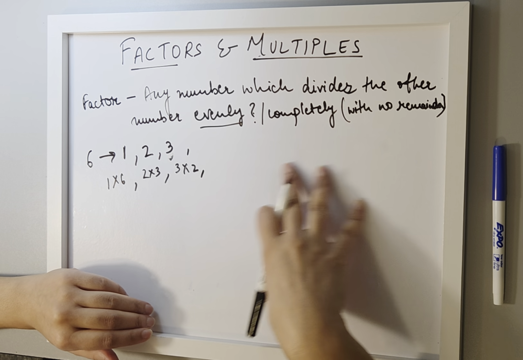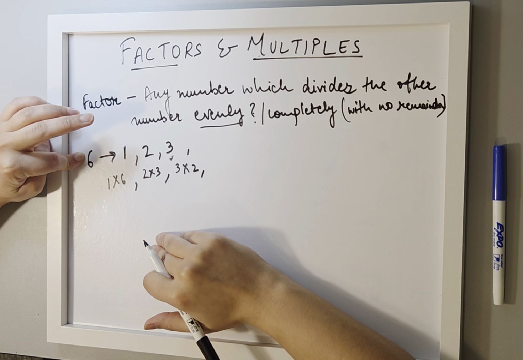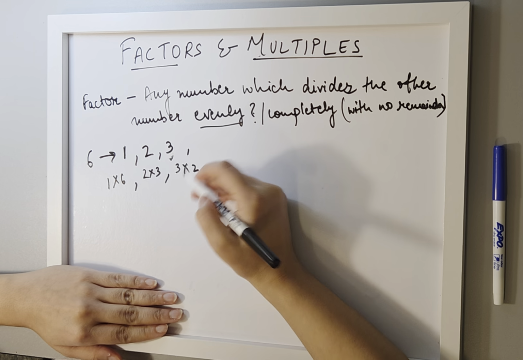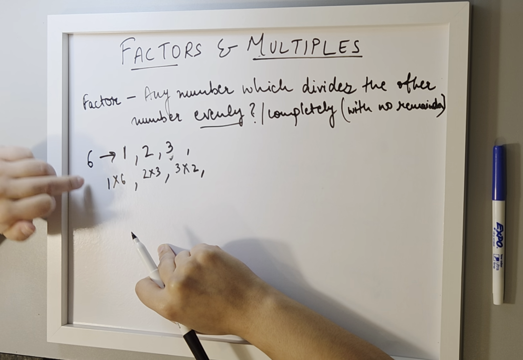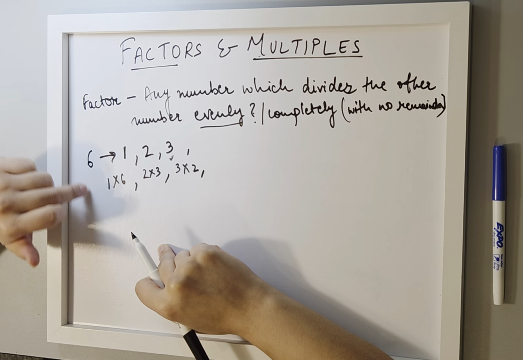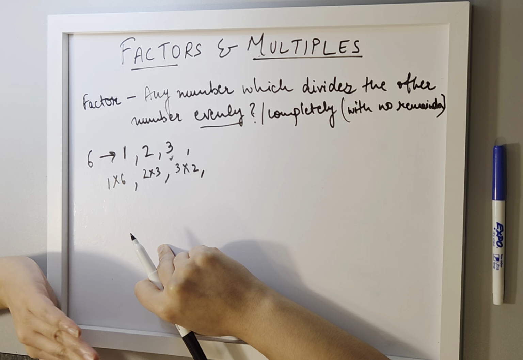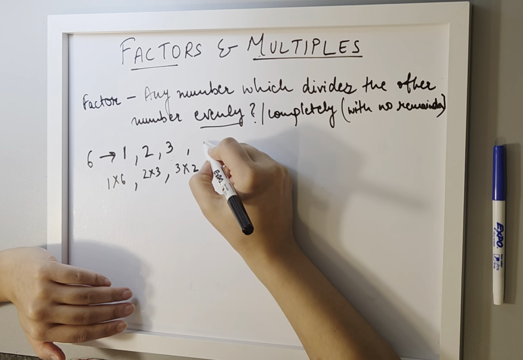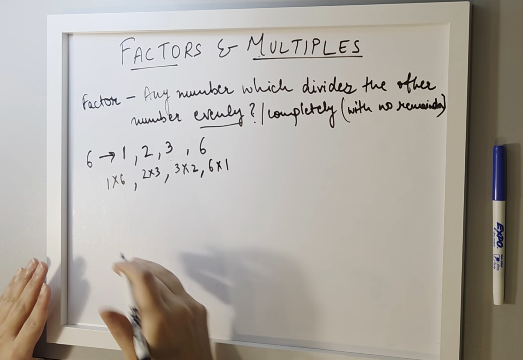So it doesn't divide it completely to give a full value. 6 doesn't come in the table of 4, so 4 is not a factor. Then 5, 5 ones are 5 and 5 into 2 is 10, so it is either smaller or bigger than 6. So not even 5. 6, yes, because 6 into 1 is 6.